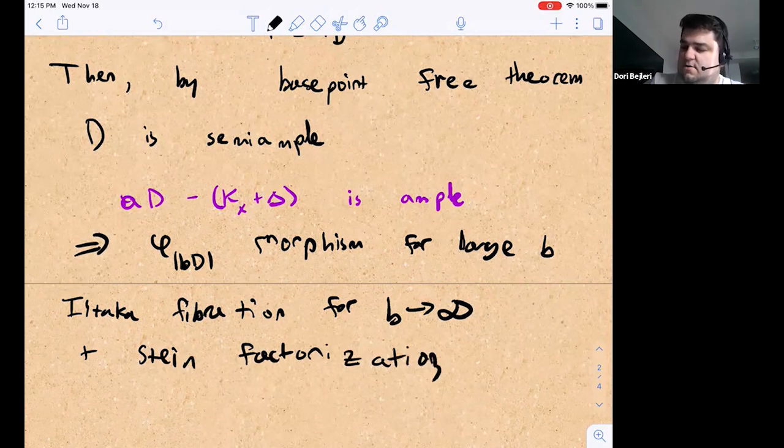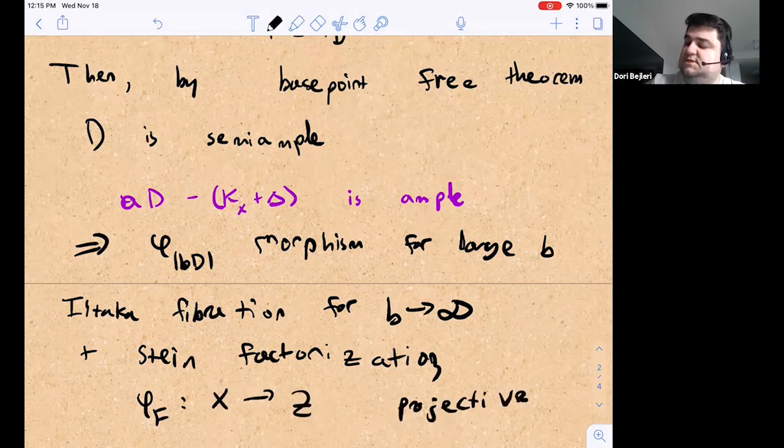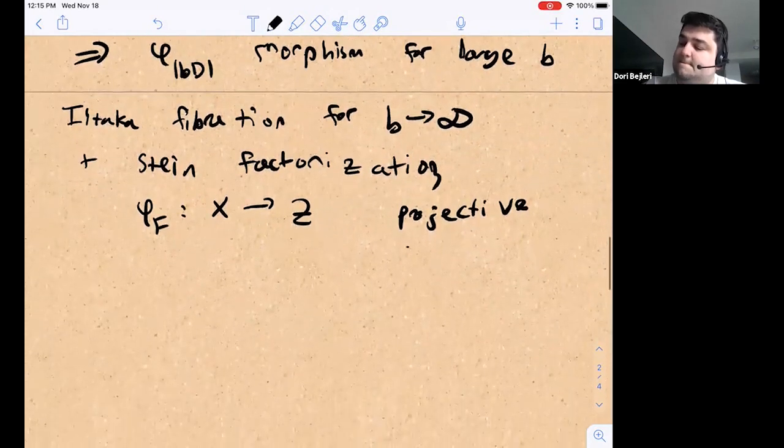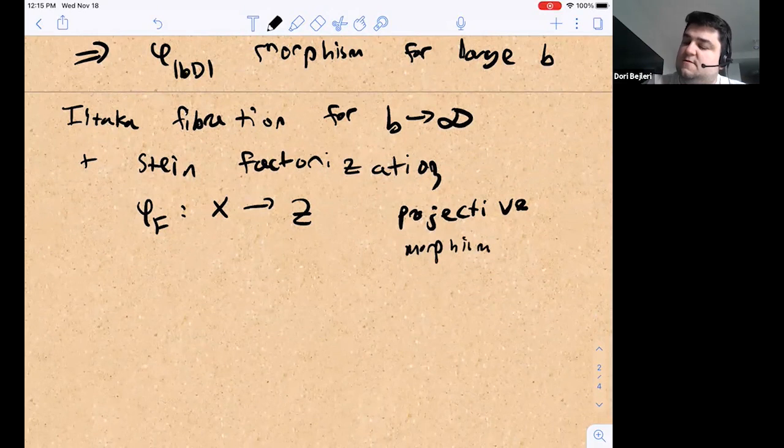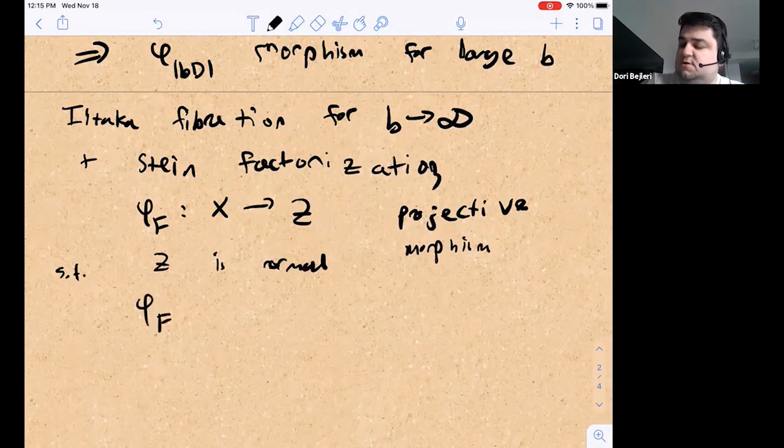Then we get our extremal face, of course, our extremal contraction phi_F from X to Z, which is some projective morphism with Z normal. More generally, phi_F lower star of O_X is O_Z.